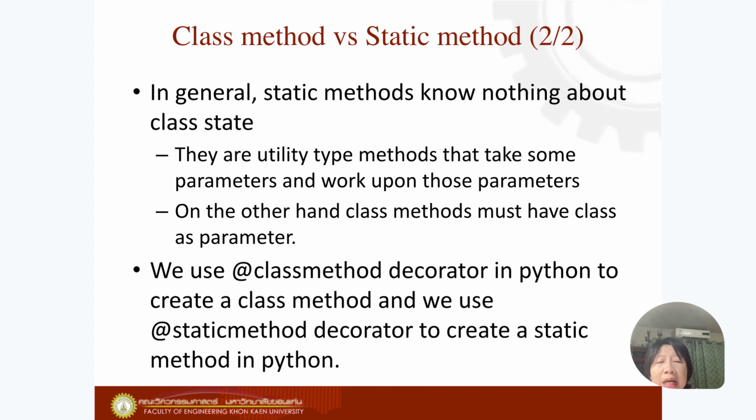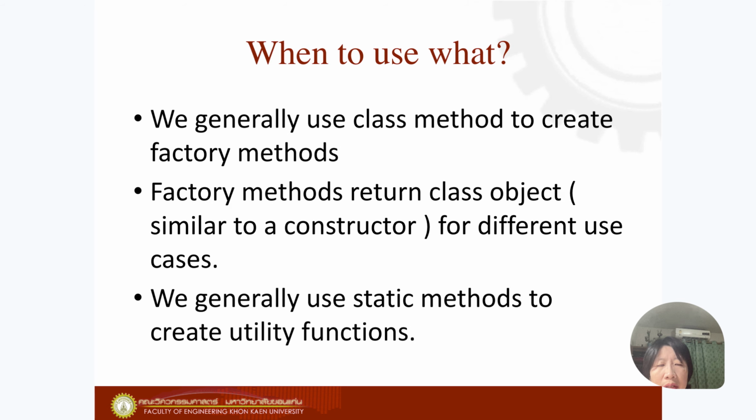Utility type methods are methods that help to compute something or help to process some data. So we use the @classmethod decorator in Python to create a class method, and we use the @staticmethod decorator to create a static method.